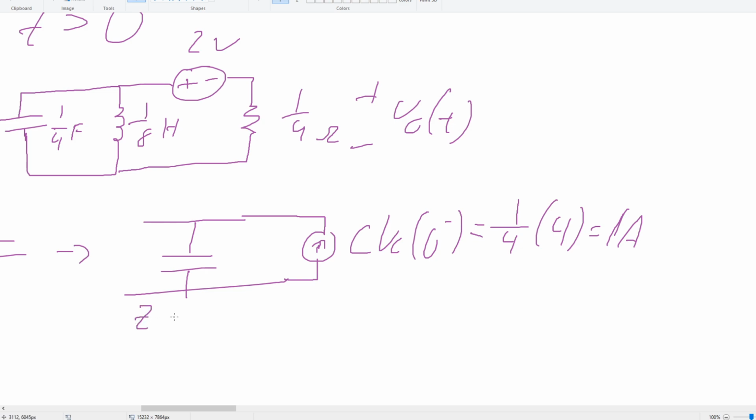So Z_C(0-), I don't know if he writes it like that, it might just be Z_C. Z_C is equal to 1 over SC. The capacitor value is 1/4, so it would be 1 divided by S over 4, which turns into 4 over S. Right, because of keep, change, flip.